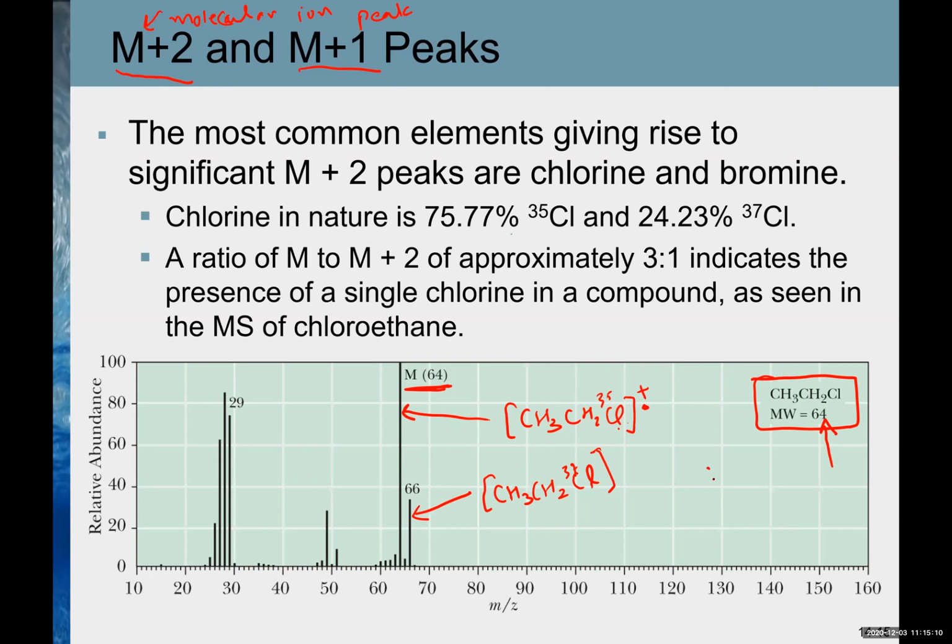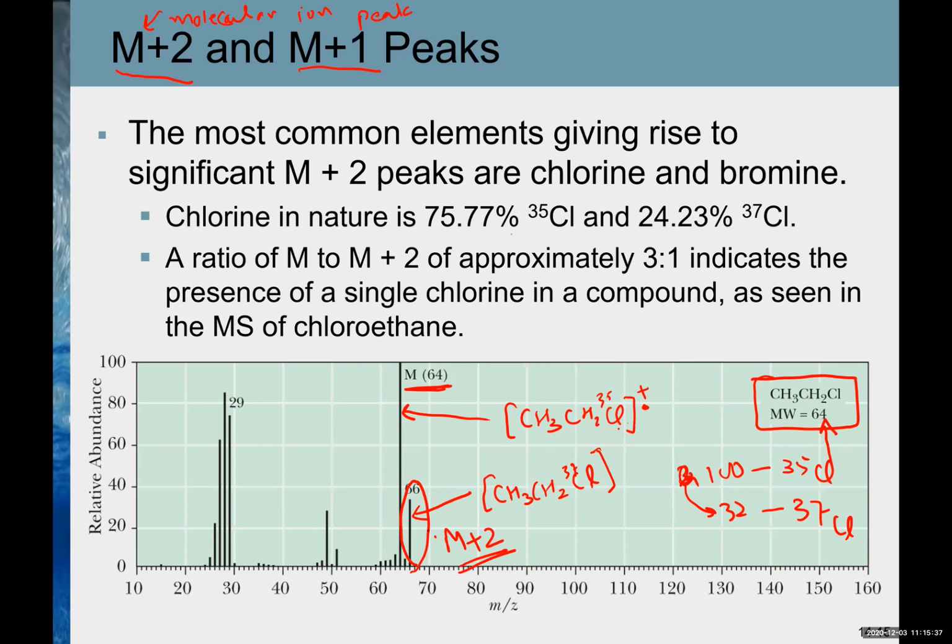Remember, for every 100 molecules of 35 Cl, how many did we just calculate? For every 100, 32 will be 37 chlorine. So it's almost one third, right? So that's why we get this peak. This peak is known as the M plus 2 peak.